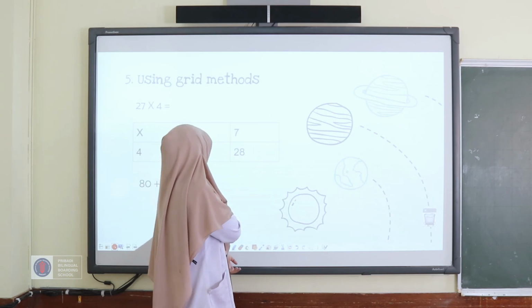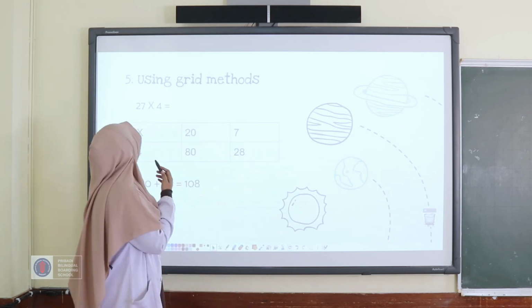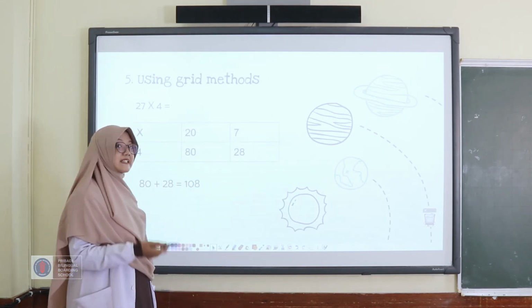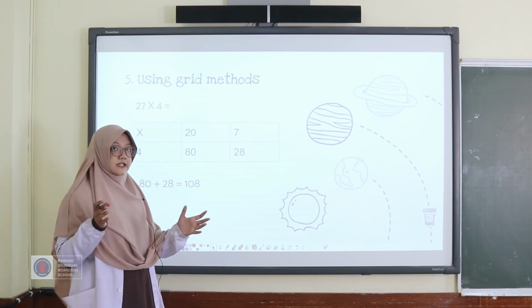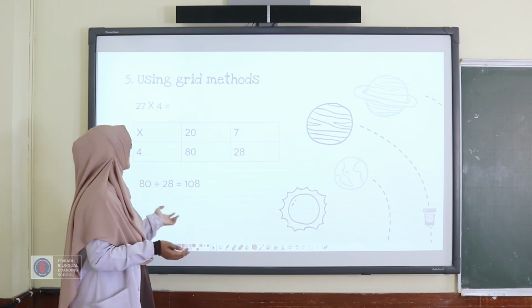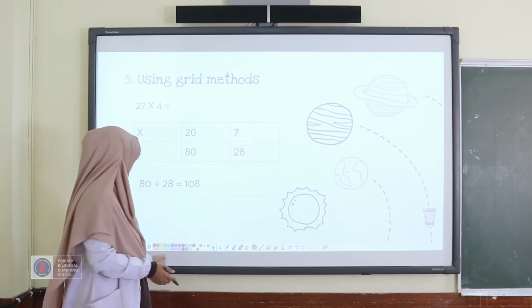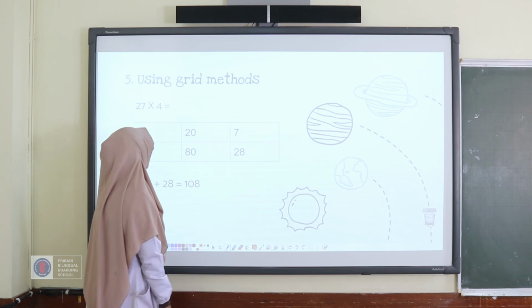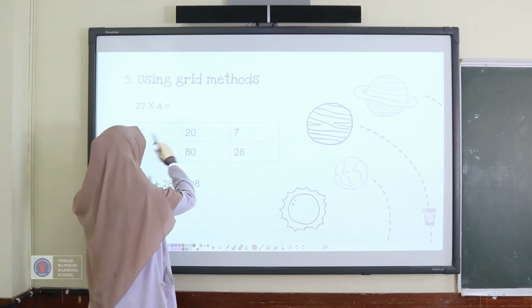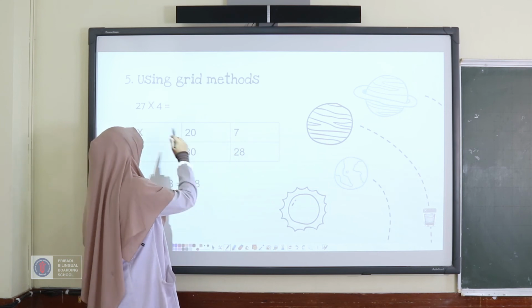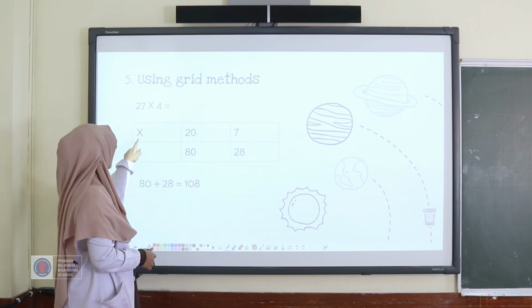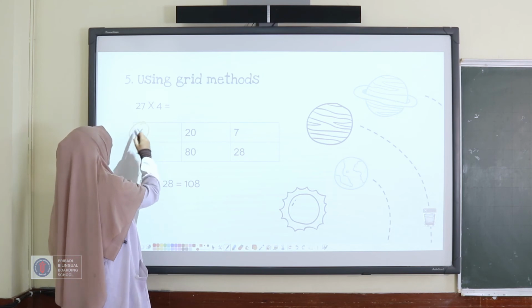Now, another thing that we can do is use the grid method. It's recommended when you do larger number multiplication, such as with a 2-digit number. First, you make a square with 3 in the row and 2 in the column. This sign is for multiplication, as you know.